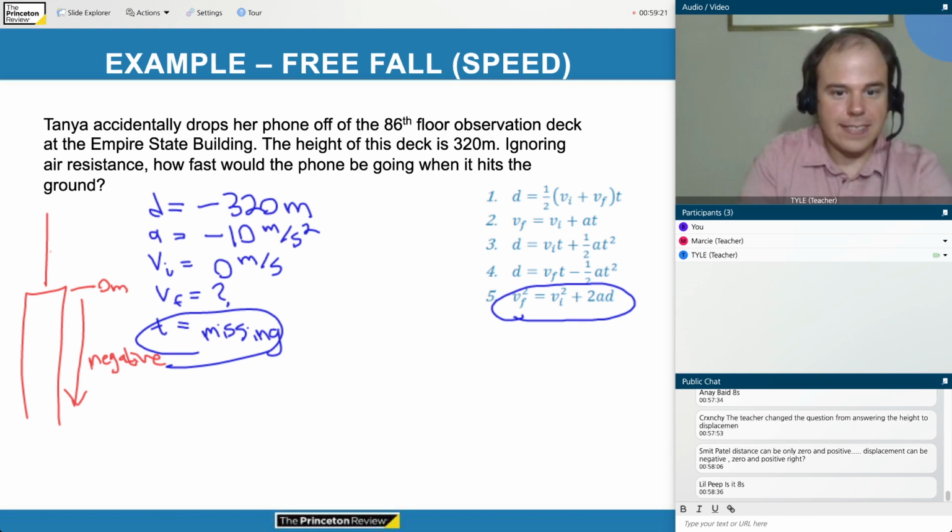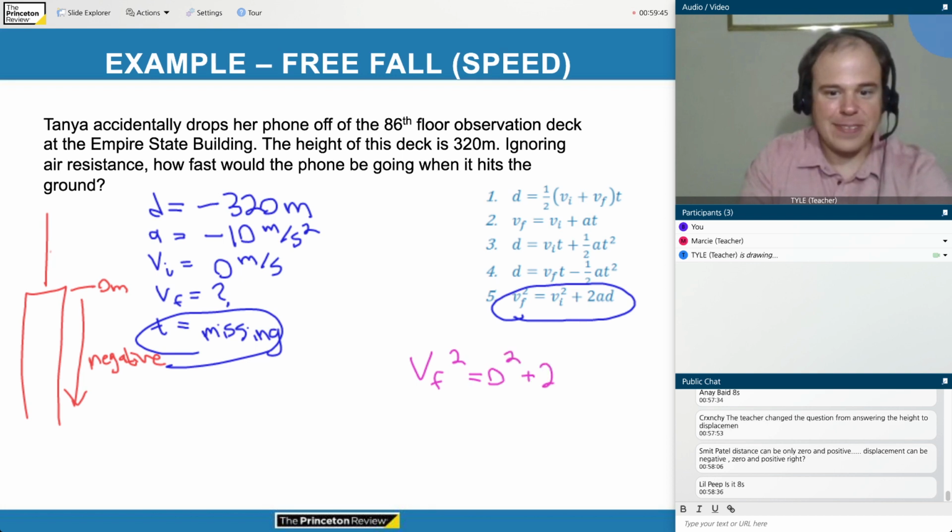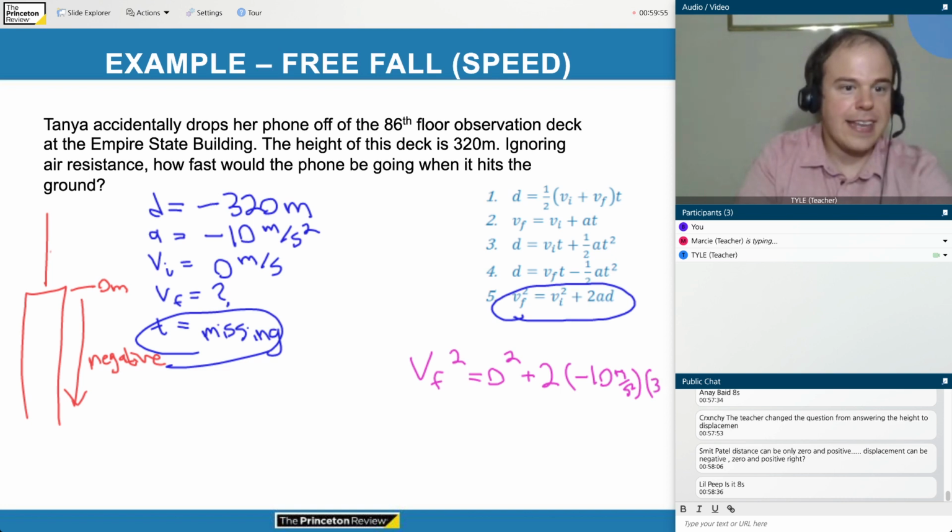Now I will plug in. So v final squared equals the initial velocity squared, which was 0 squared, plus 2 times the acceleration, which is minus 10 meters per second squared, and the displacement that the object fell through is negative 320 meters.